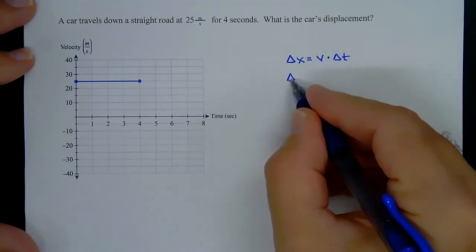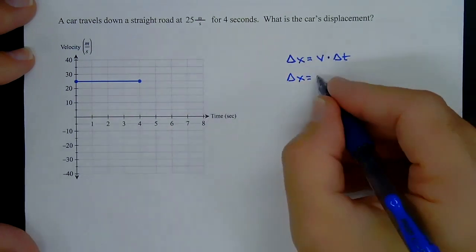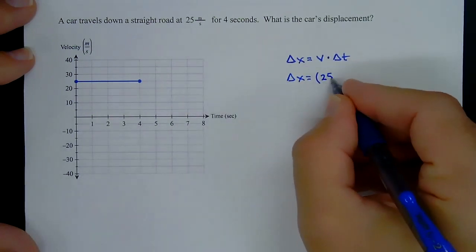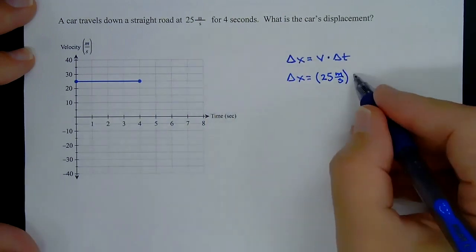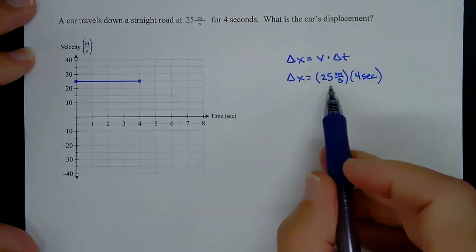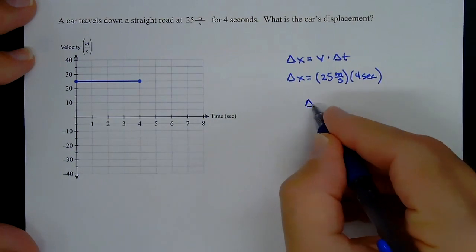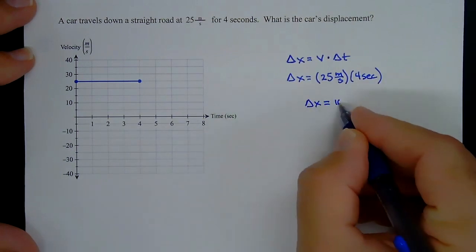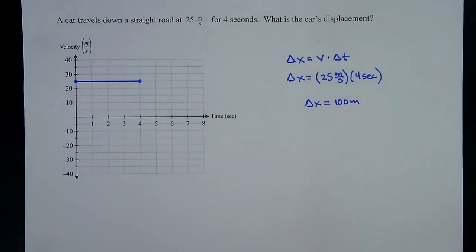So I'm going to take 25 meters per second and multiply that by 4 seconds, and you would get 100 meters. So that's my displacement for this. We don't need a graph for it, we could figure it out without the graph.